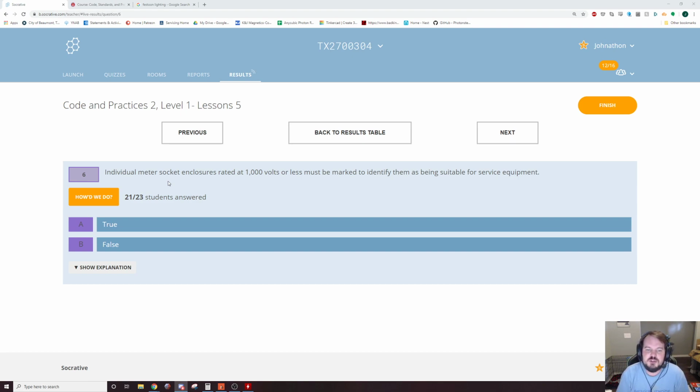Individual meter socket enclosures rated 1,000 volts or less must be marked to identify them as being suitable for service equipment. Good. Charles is in now. Suitable for service equipment. So meter sockets, I saw that a second ago. This is still going to be in 230. Service equipment general. Disconnecting means, service equipment.